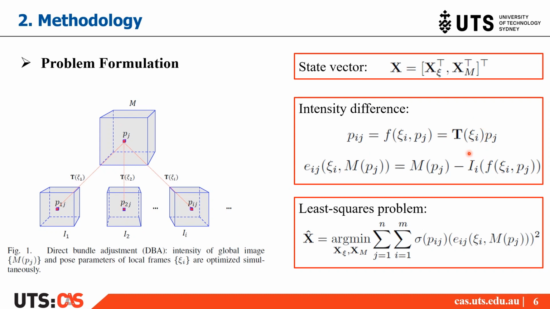Here, T(xi) maps the pose parameters xi to a rigid transformation matrix in Euclidean space. Then, we can calculate the intensity difference between voxel pj and its corresponding voxel pij in local frame i, like this. Finally, we formulate the overall optimization problem as a least squares problem, like this.